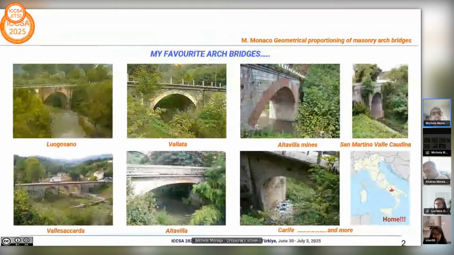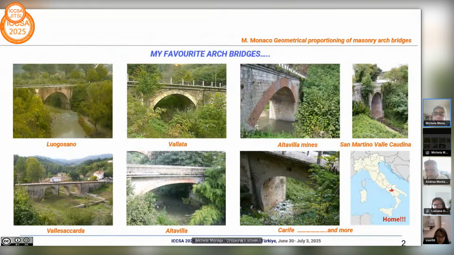Masonry arch bridges have been built since the earliest civilizations, in Lower Egypt, in Mesopotamia, and a masonry arch has always been the solution to bridge a gap.